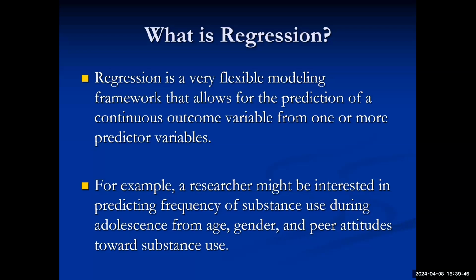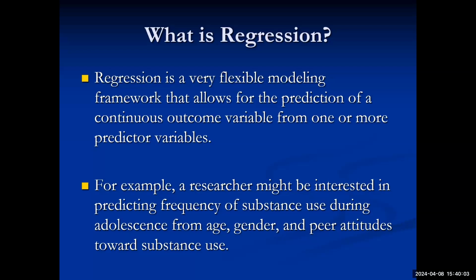On the predictor side, however, predictor variables can take on any form. They can be categorical predictors, they can be continuous predictors, interactions between those predictor types, and so lots of flexibility on the predictor side, okay?